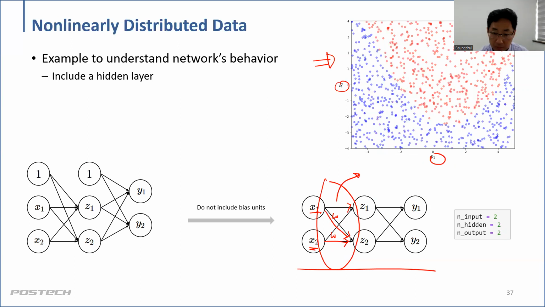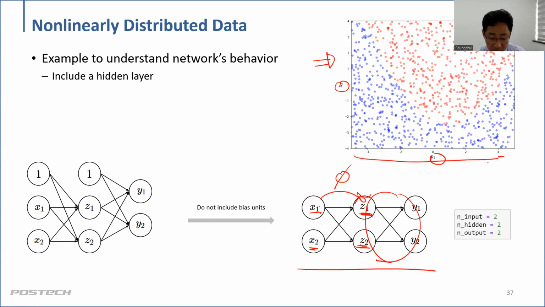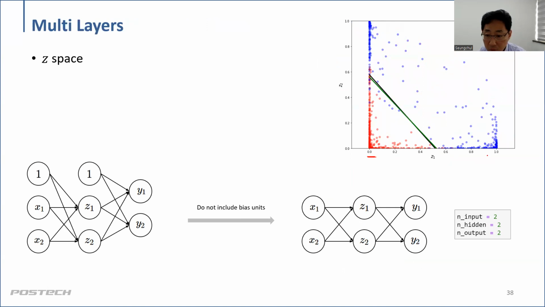And from here, looking at these, they work as corners. Since we have sigmoid functions, and Z1 and Z2, the output of the sigmoid function is in the range from 0 to 1 and 0 to 1.